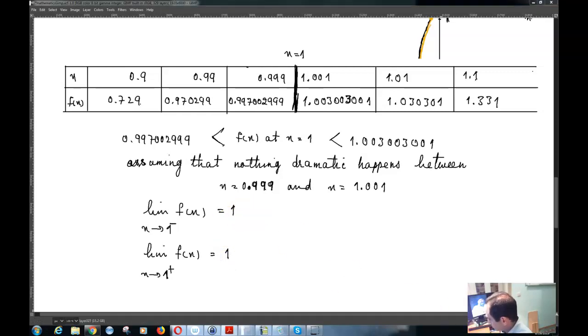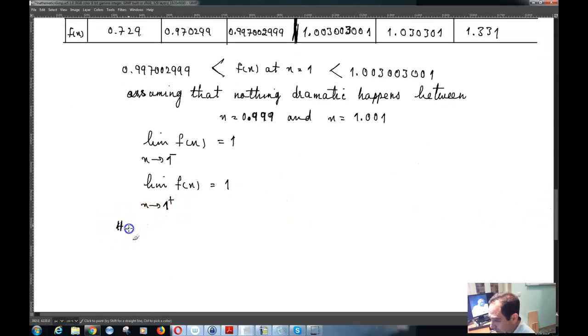Hence it is likely that the left-hand limit and the right-hand limit of f of x are both equal to 1. It is likely.